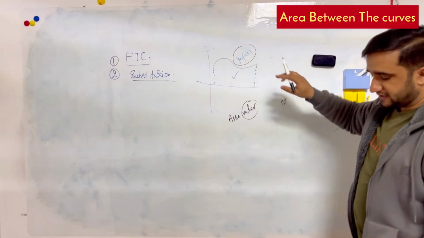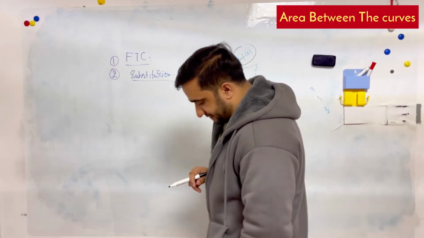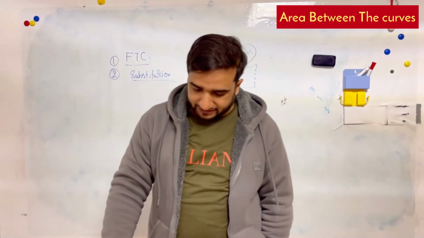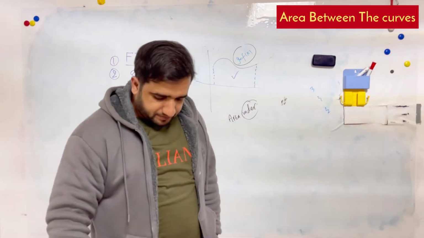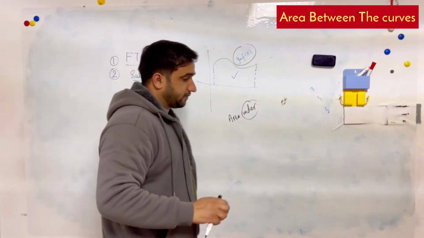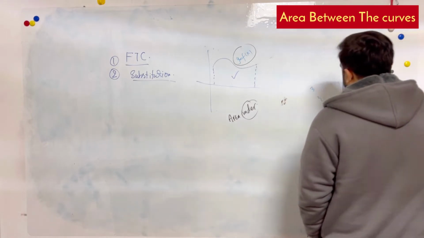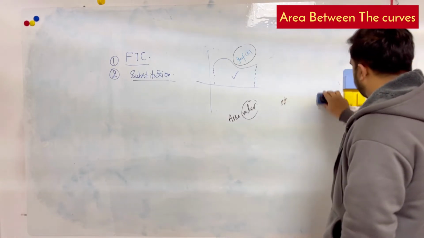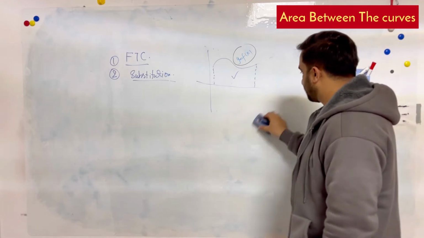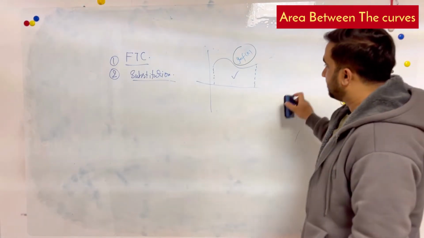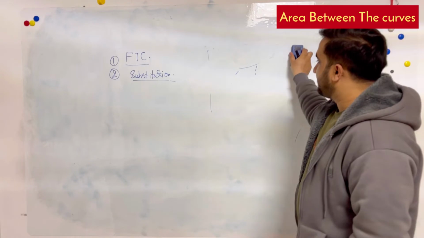In the first session of this advanced mathematics 2, we have done this. Now the concept is the same. Things are in a similar pattern, but the geometry is changing.